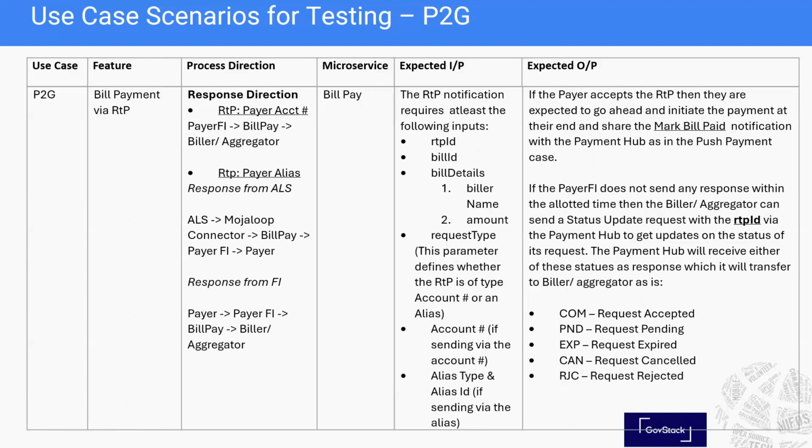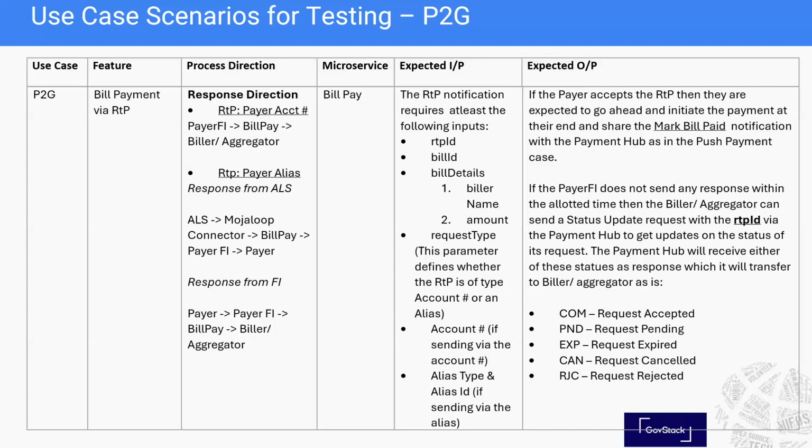The DFSP forwards that request to its user, and now it's upon the end customer whether to accept the RTP notification or reject it. So till now, no payment has been done, no financial transaction has actually occurred.